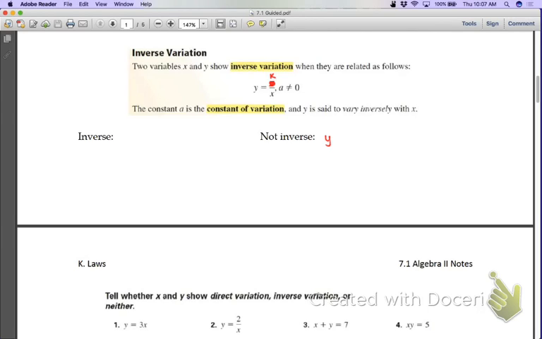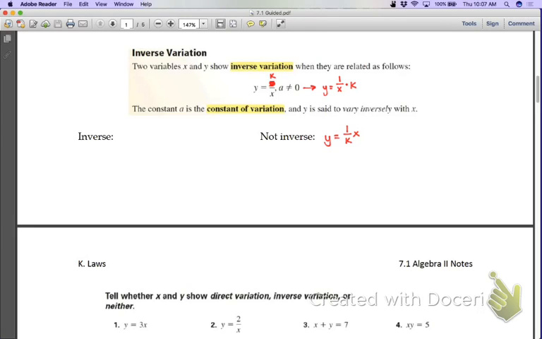Y equals 1 over K times X is different than K over X. Does that make sense? What this really is, if you think about it in terms of direct variation, is 1 over X times my K instead of X over 1. Direct variation is X over 1. Inverse variation is 1 over X.